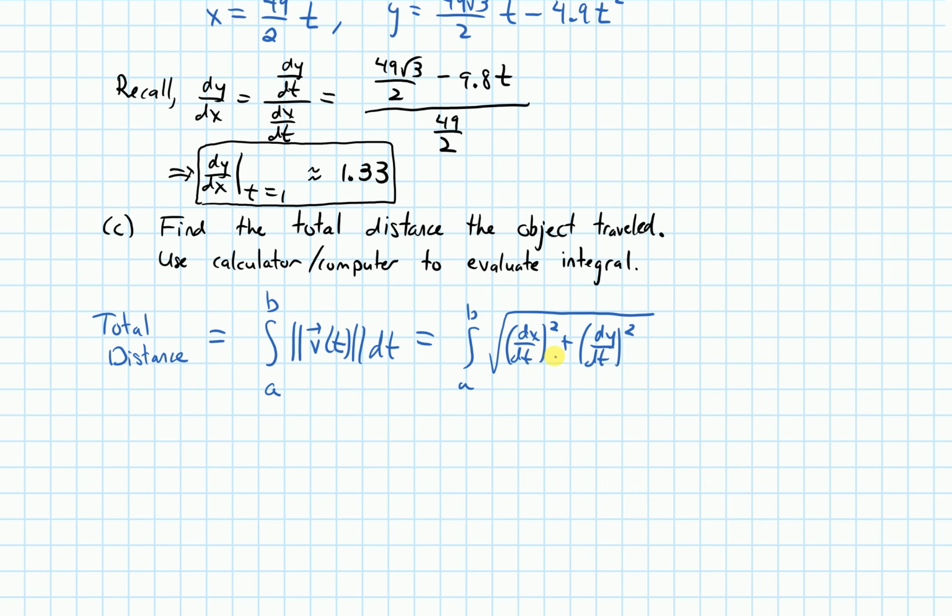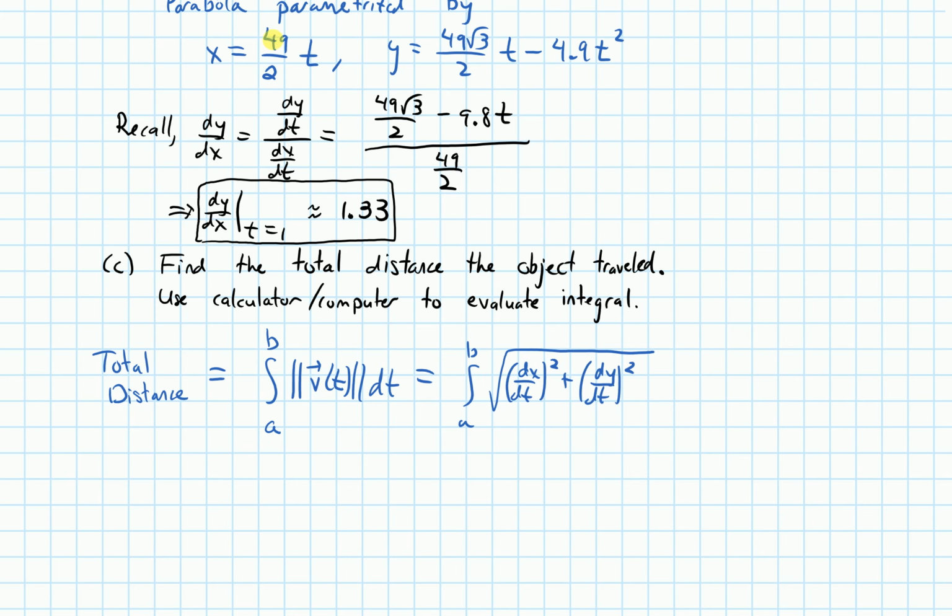And we stop there because we don't have a z component in this problem. We just had an x equation for our parametrization and an equation for y, but we didn't have a z equation. If we did have a z equation as well, you'd also have a plus (dz/dt) squared inside of the square root. Okay, and then I have to put this dt at the end for proper notation.